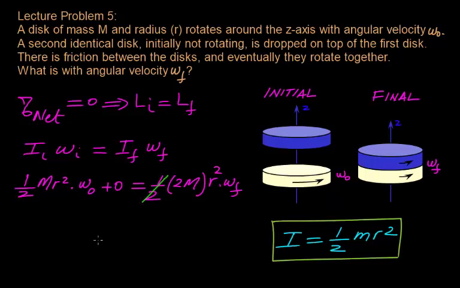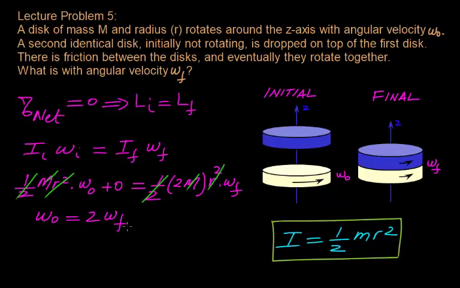Notice that this half is a common quantity between the two terms. The r squared here is also going to cancel with this r squared, and also this mass is going to cancel with this mass. What's left? On the left hand side is just omega 0 equals, right hand side I have a 2 here, times omega final.